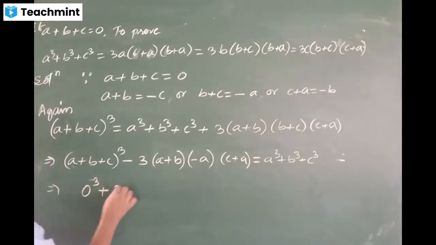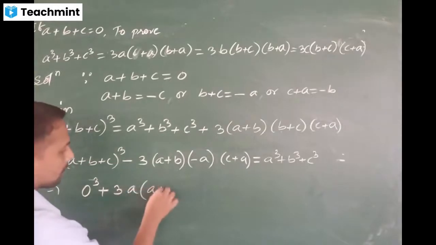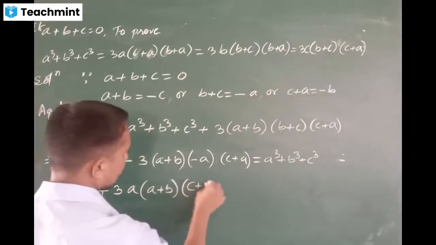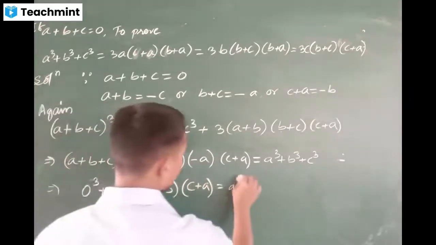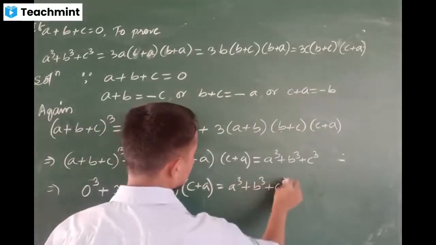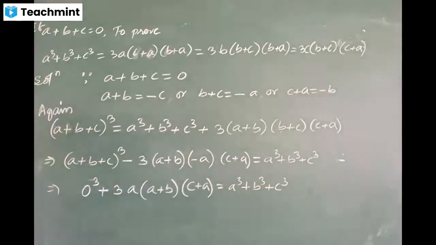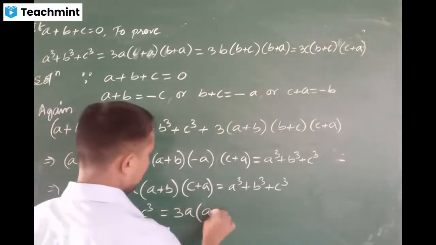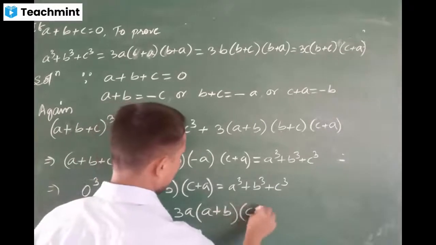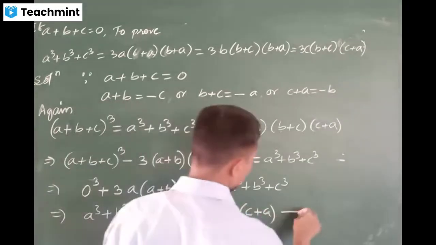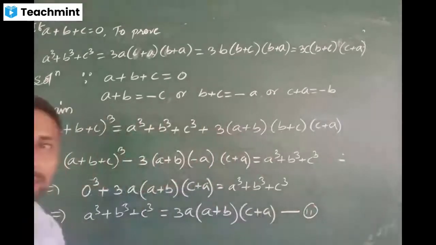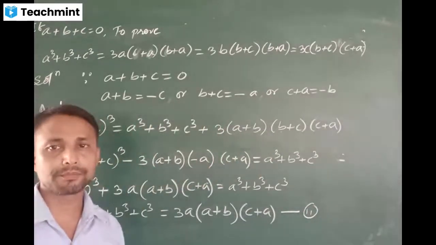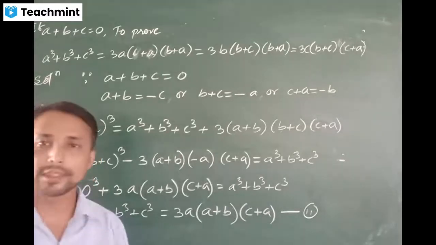So 0 cube plus 3 into A plus B and C plus A equal A cube plus B cube plus C cube, which we can write as A cube plus B cube plus C cube equal 3A into A plus B and C plus A. This is equation 2.